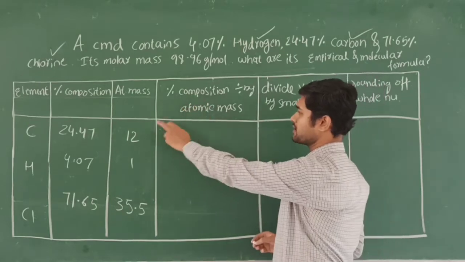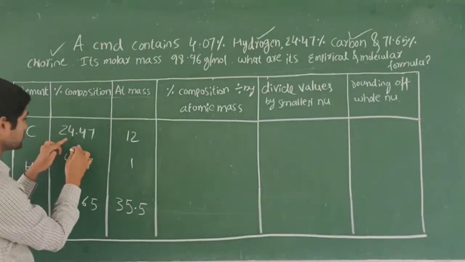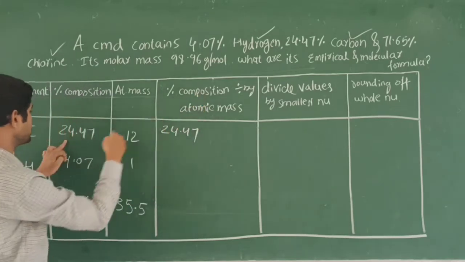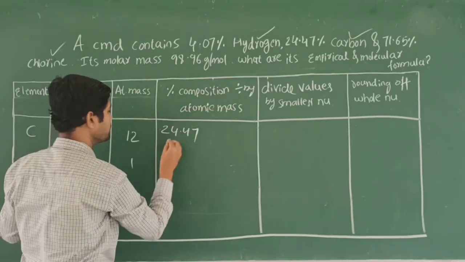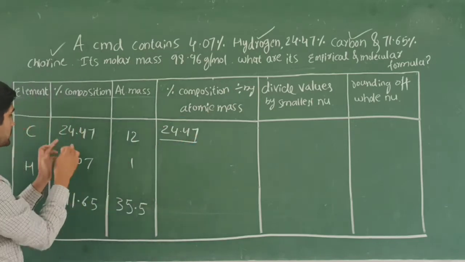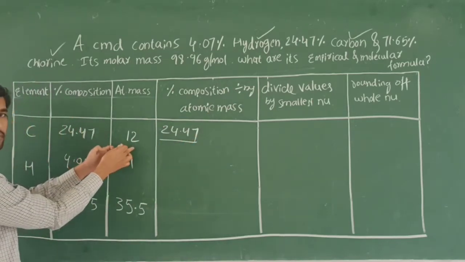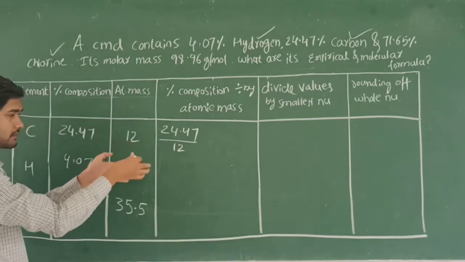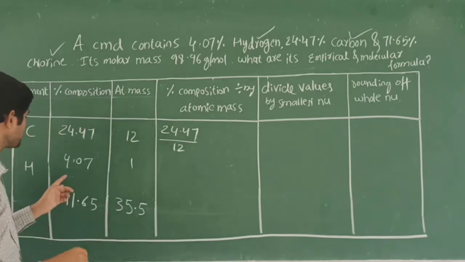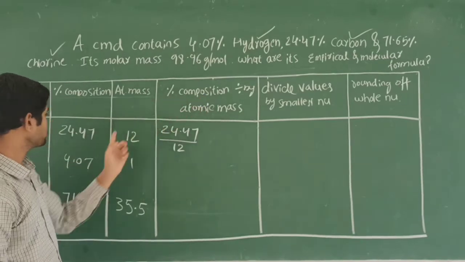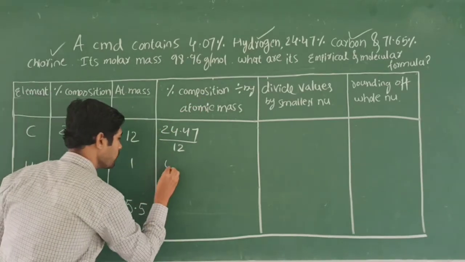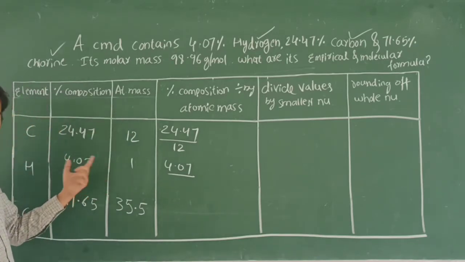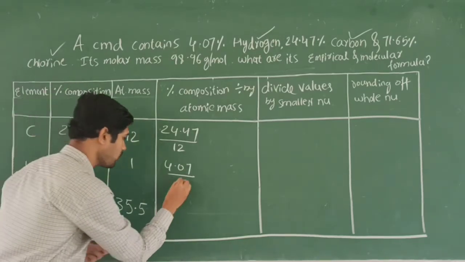First I take the carbon. It has been given 24.47% composition. Then you need to divide by its own atomic mass. Carbon atomic mass is 12. Write like this here. And similarly, the percentage composition of hydrogen, 4.07, and its own atomic mass is 1.